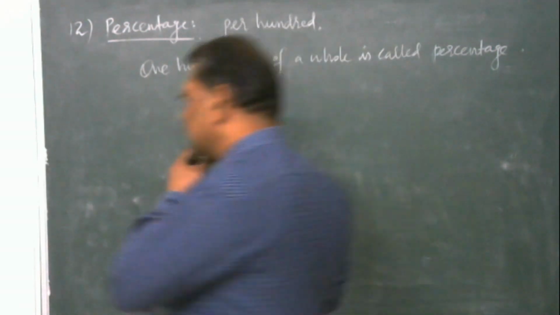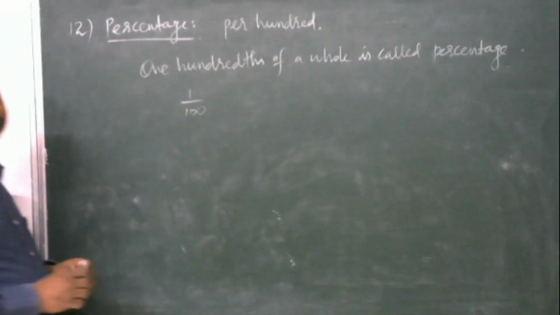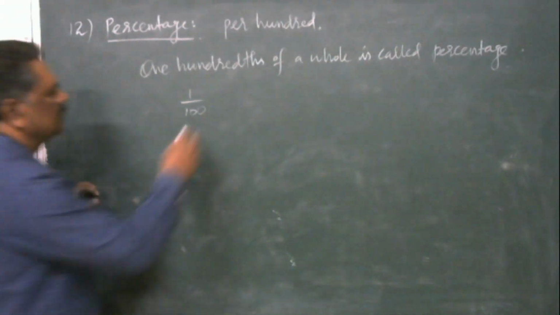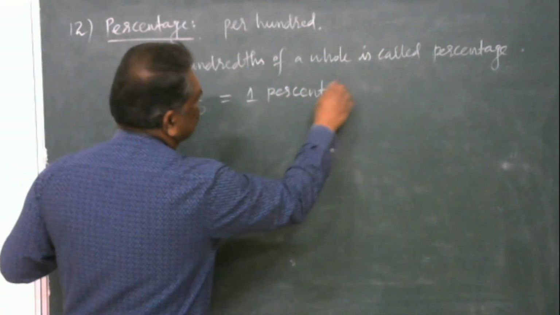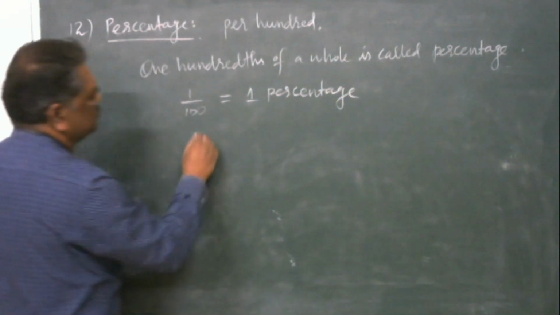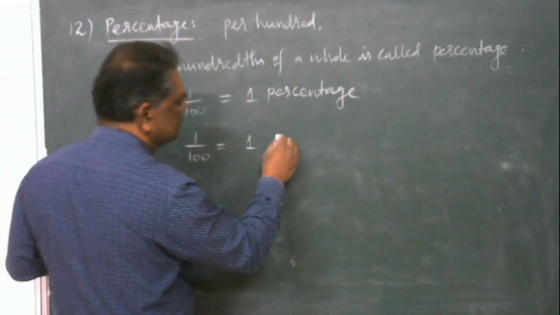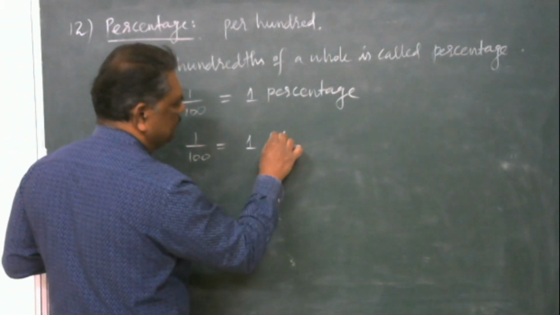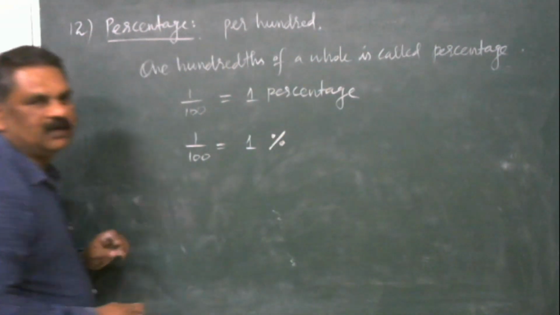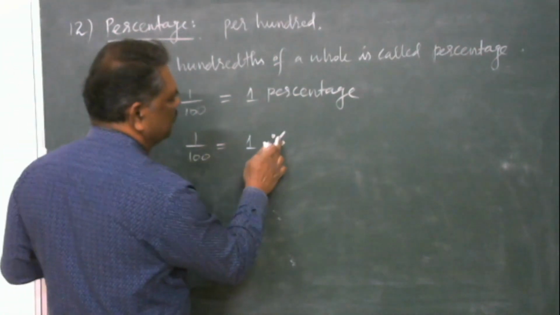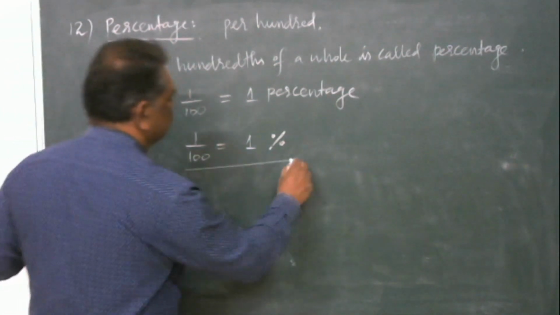How do we write it? 1/100th is 1/100, and that is called 1%, or 1 percent. The percentage symbol is: we put a slash line, then a 0 on the top and a 0 at the bottom, like the 100, so you can easily remember this symbol. 1% is 1/100.